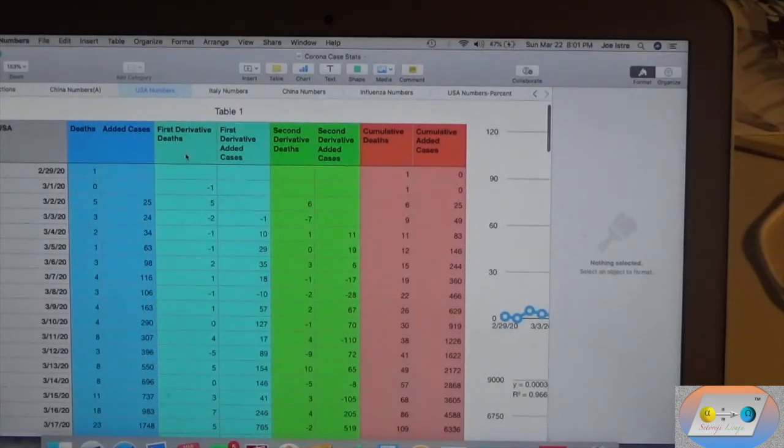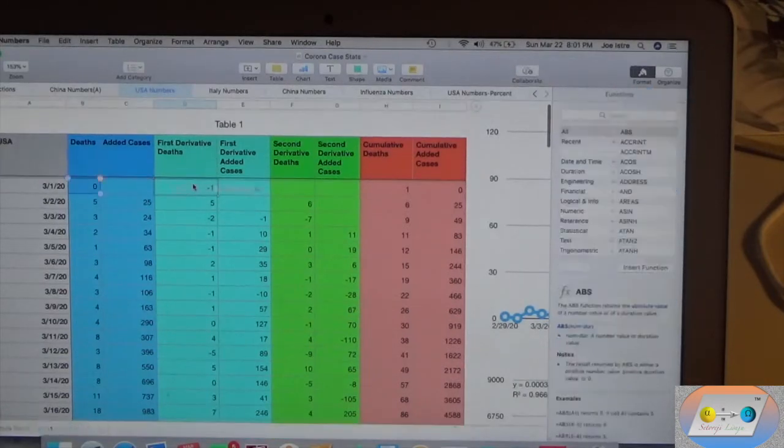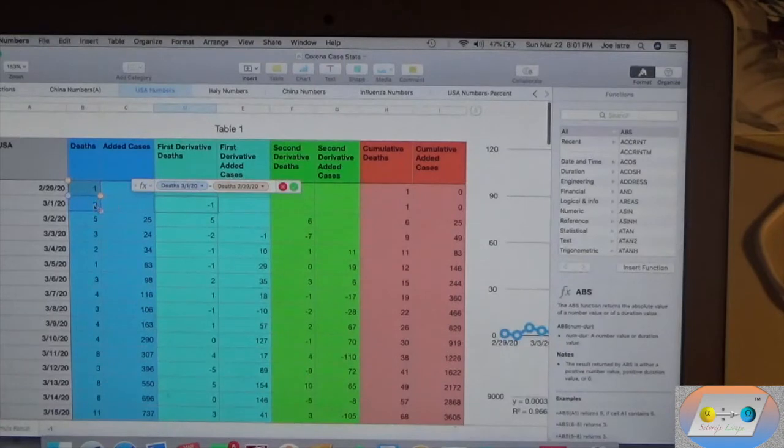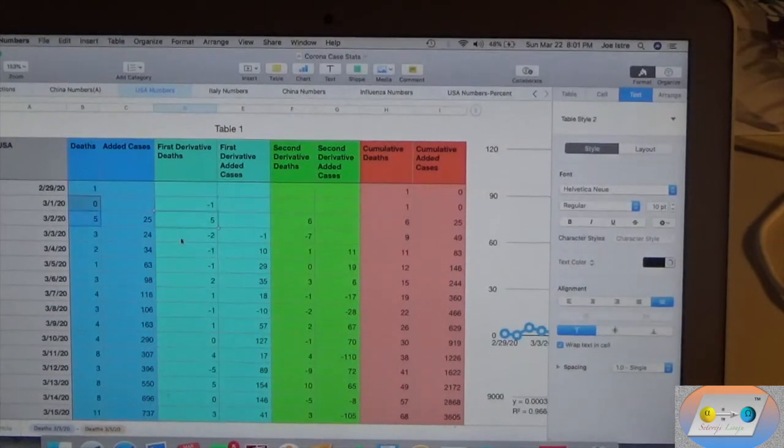So I just called it the first derivative of the deaths in this column here, which is basically this column minus that column. Alright, and on down. First derivative added cases is this cell minus this cell, and on down.